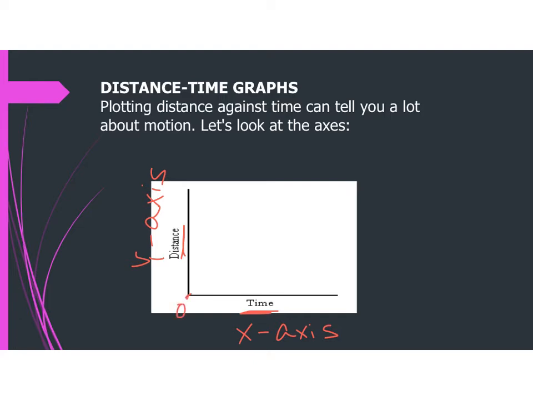That means there is no time and no distance. Now, as you move away from this point, time is increasing or getting longer. Same thing happens on the y-axis. We have 0 distance at this point, but as we go up, distance is getting longer.